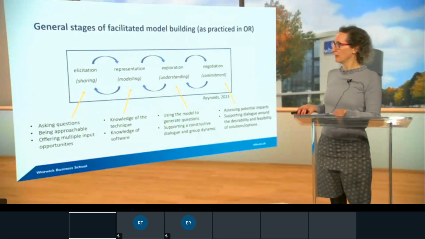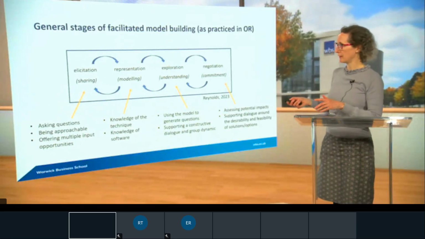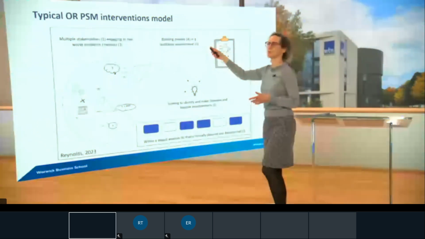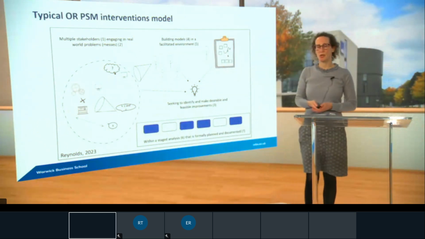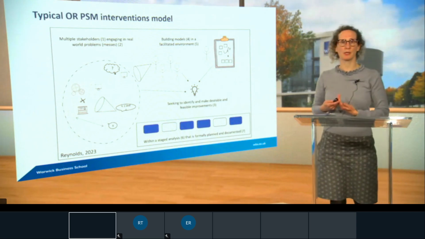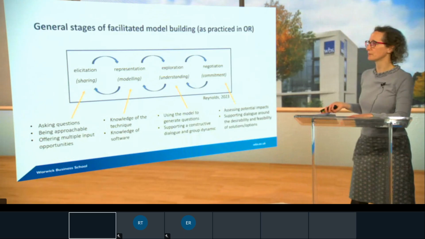Okay, so I'm hoping that gives you that piece to fill in this idea that we're building models in a facilitated environment, that's very much a live environment for the facilitator to be working directly with the participants.